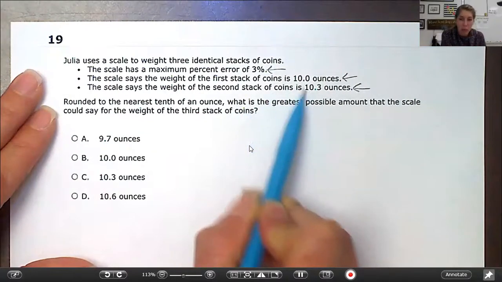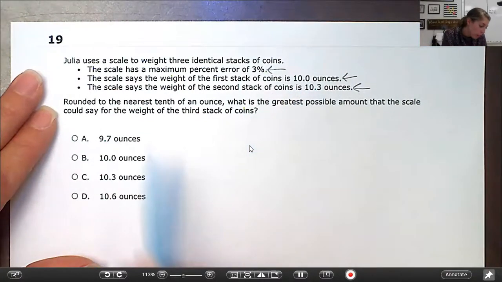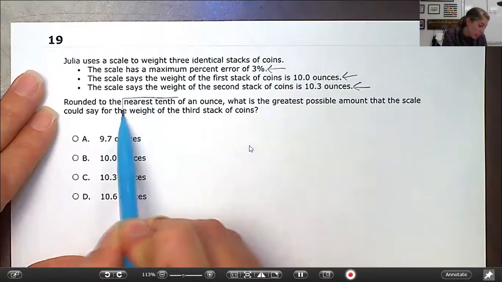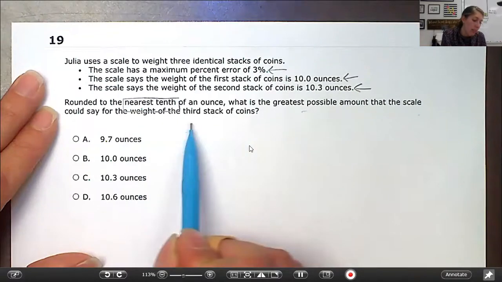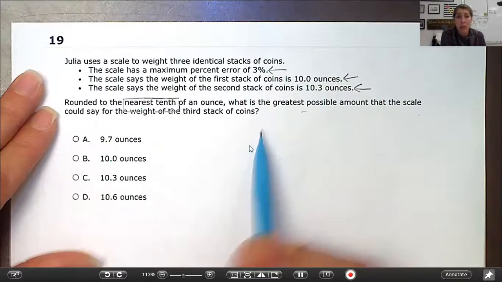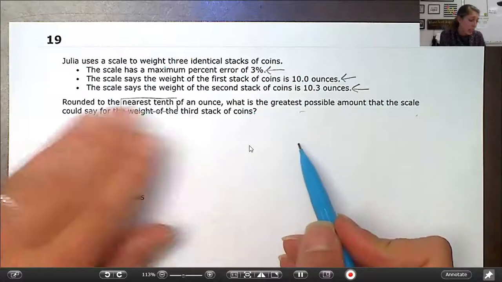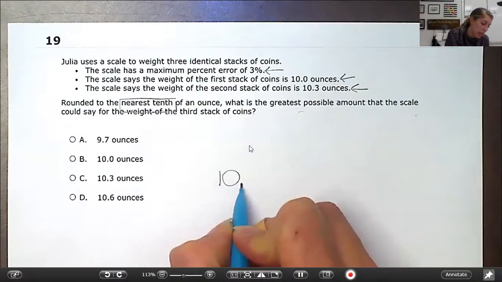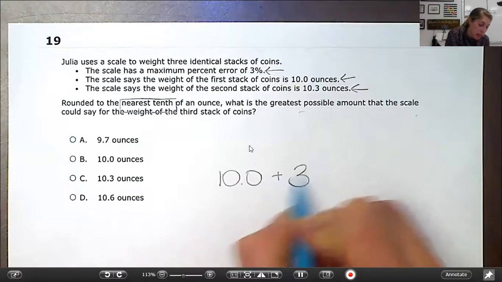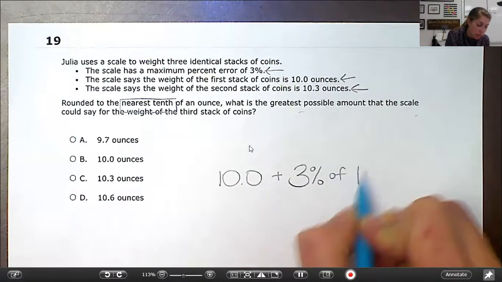I already see a little percent error showing, right? We're going to round to the nearest 10th. What's the greatest possible amount the scale could say for the stack of the third coins? So remember, it says it has a maximum percent error of 3%, which means I could have 3% being added on to this one.